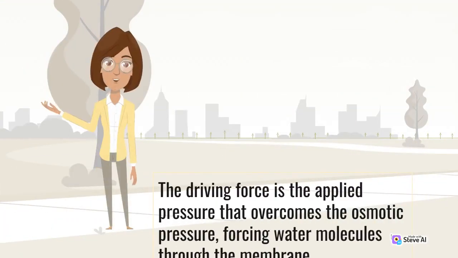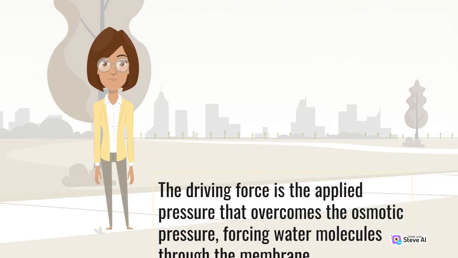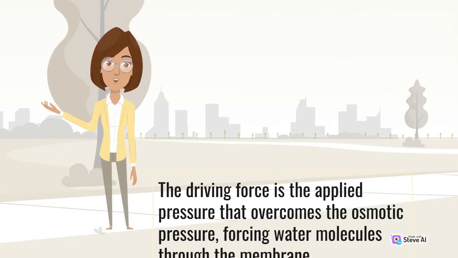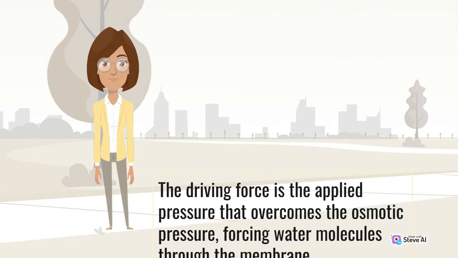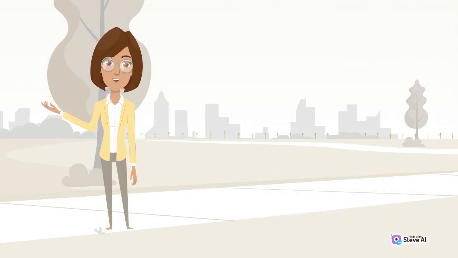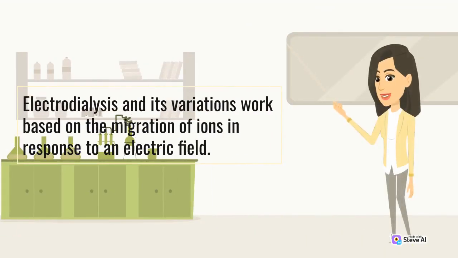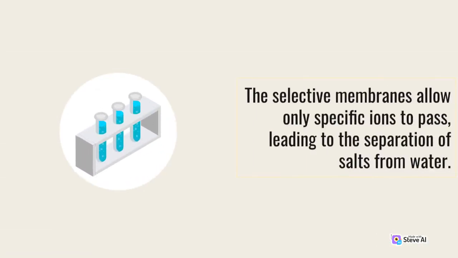The driving force is the applied pressure that overcomes the osmotic pressure, forcing water molecules through the membrane. Electrodialysis and its variations work based on the migration of ions in response to an electric field. The selective membranes allow only specific ions to pass, leading to the separation of salts from water.